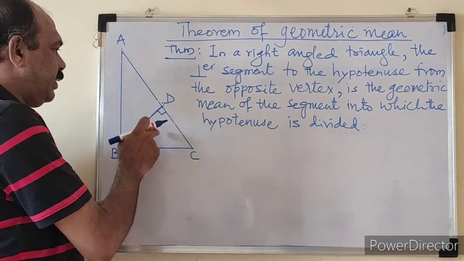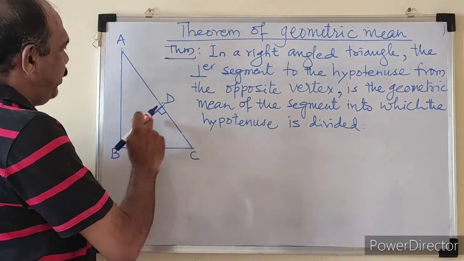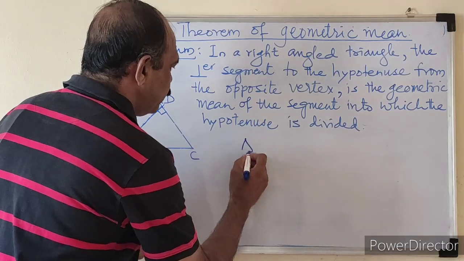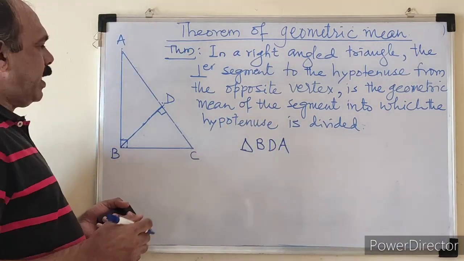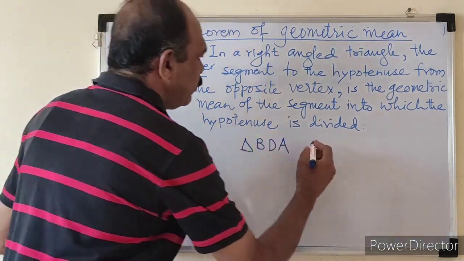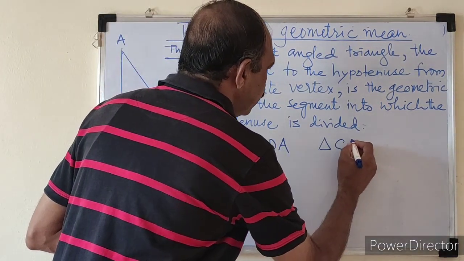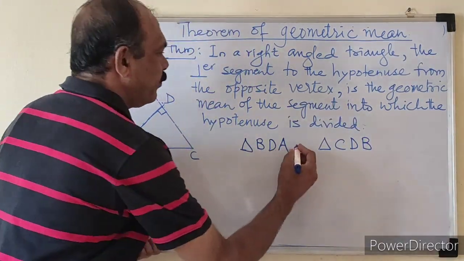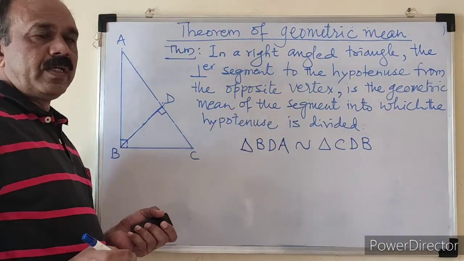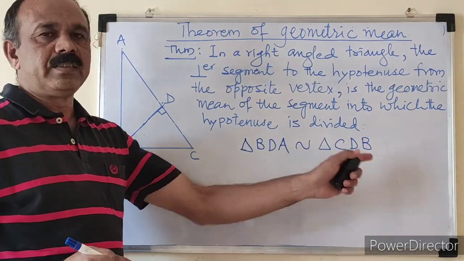So we will consider these two triangles, that is triangle BDA and triangle CDB. These two triangles are similar. So triangle BDA is similar to triangle CDB.